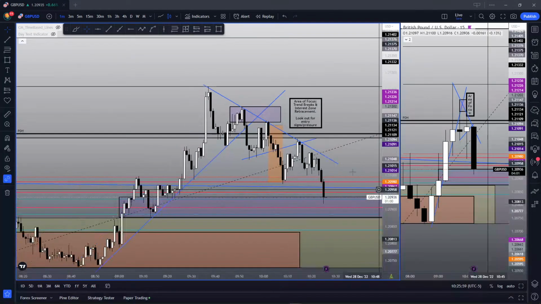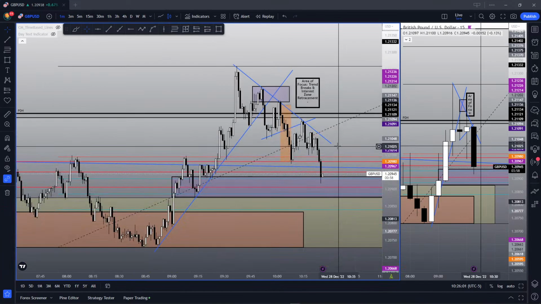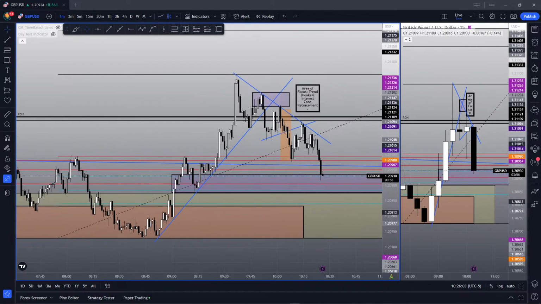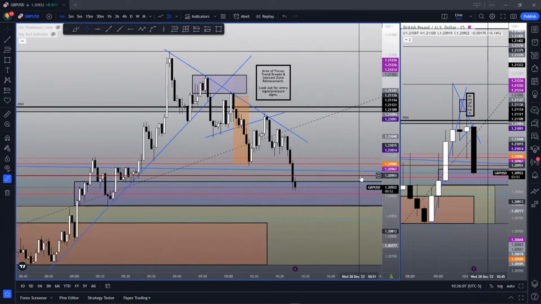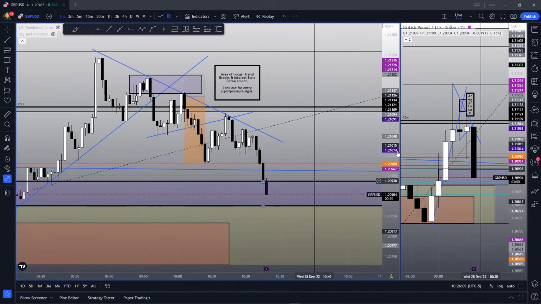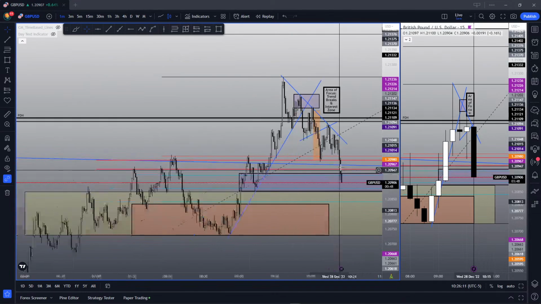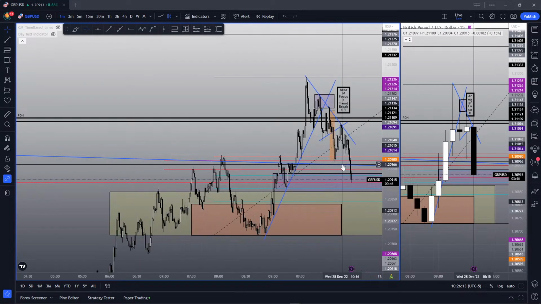Now we're not gonna look for a sell anymore because it has been sold enough. We're gonna look for a buy as the price is gonna look for a way to rally back up once again. It's in the discounted price of the macro bull trend.